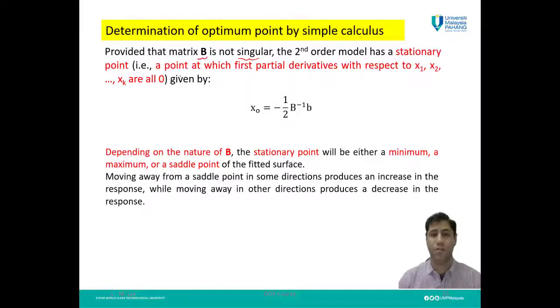The stationary point means that at that point, the first partial derivatives with respect to x1, x2, up to xk, which are the factors of the experiments, are all equal to 0. Then x0 here will be this much, which is the optimum point.